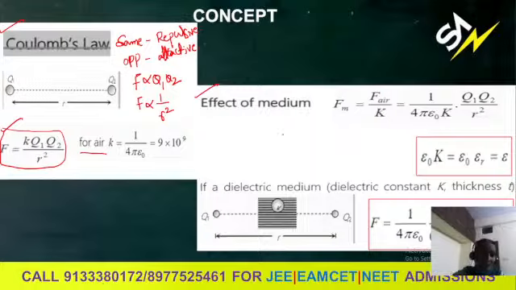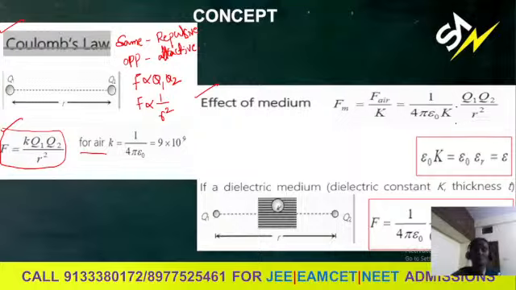That will be equal to the force in air, where no medium is present, divided by the medium value. Here k is nothing but the dielectric constant or the medium value. It can be written as 1 by 4 pi epsilon naught k into q1 q2 by r square.